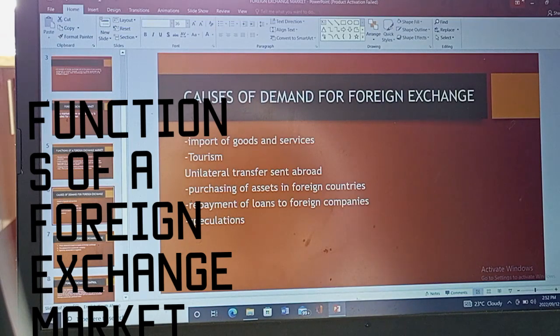The currency in my country would not be worthwhile for them to spend. So I have to pay them in the Chinese currency or the equivalent in the Chinese currency.